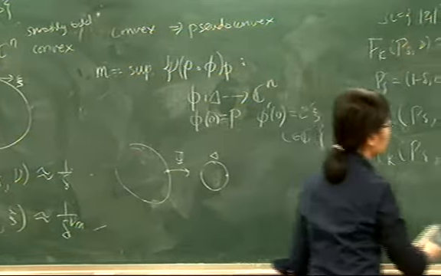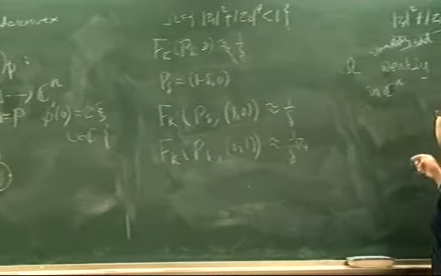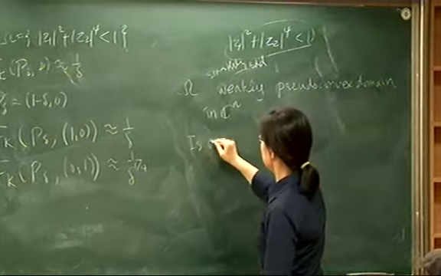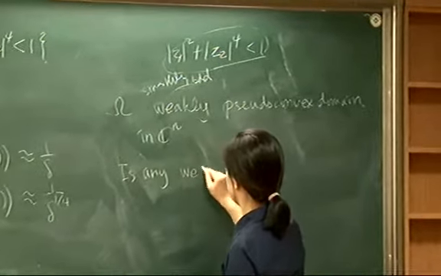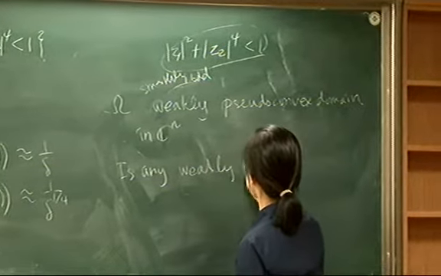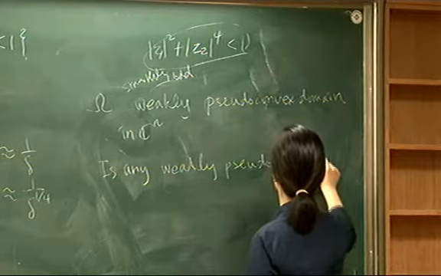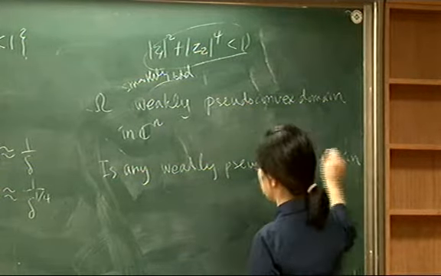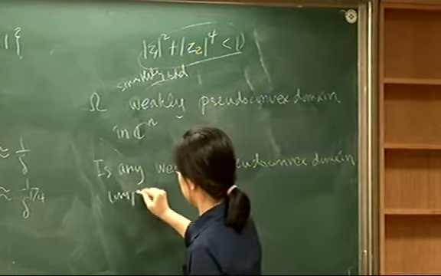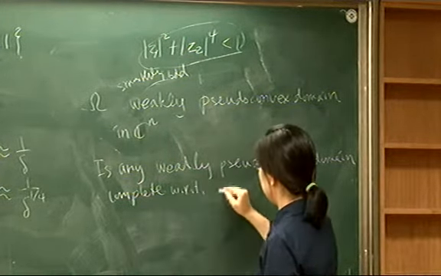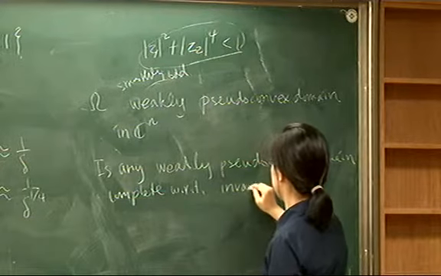And so we don't actually know the answer to this one: are any weakly pseudoconvex domains complete with respect to invariant metrics?